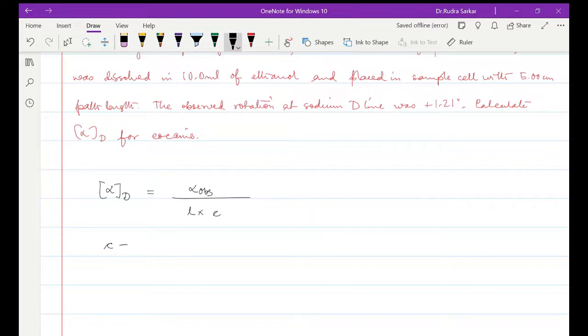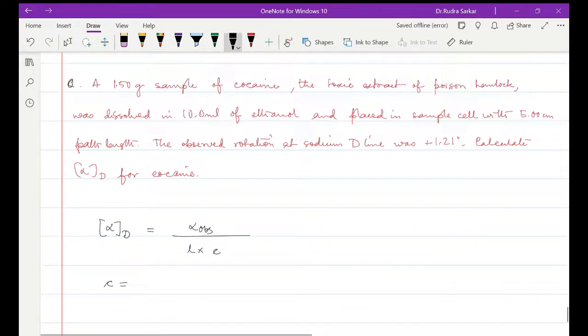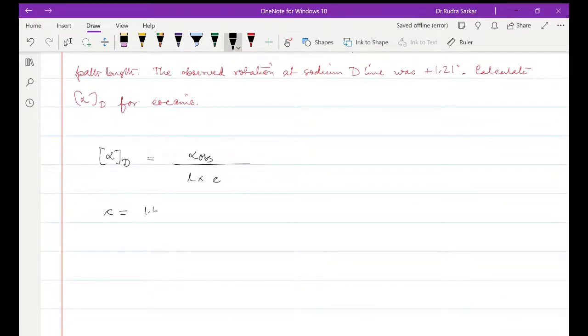So out here concentration will be 1.5 gram divided by 10 ml, which means 0.15 gram per ml, and length of the tube has been given as 5 centimeter. So this will mean 0.5 decimeter.